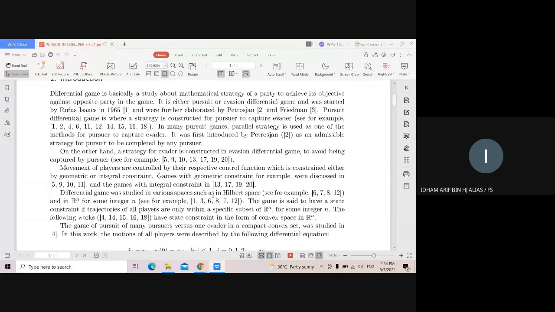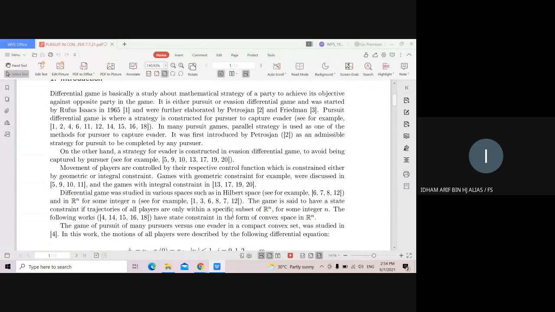Okay, now also differential game can be studied in some kind of space. For example, in Hilbert space, which are studied in this following list. Or also could be studied in Euclidean space Rn, for example, in this list of works.